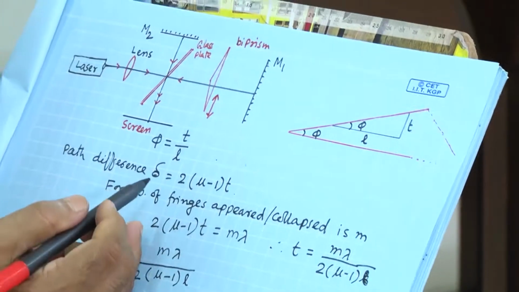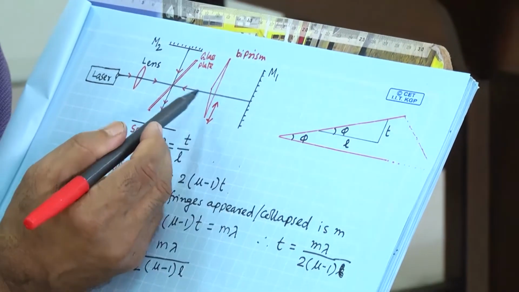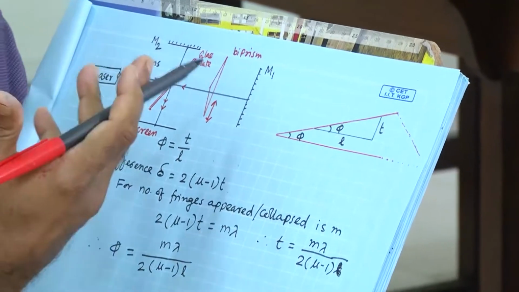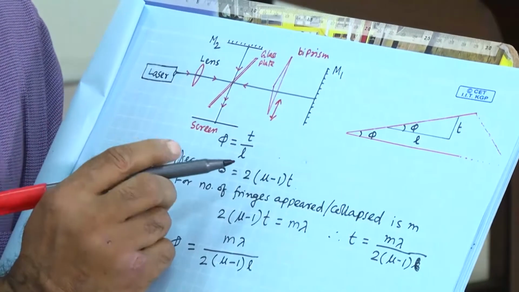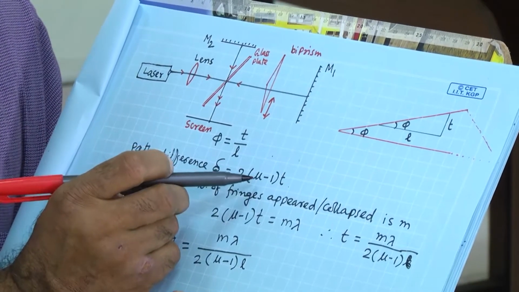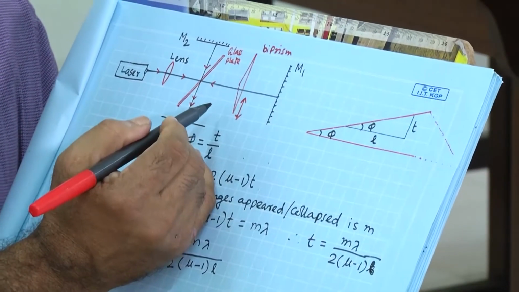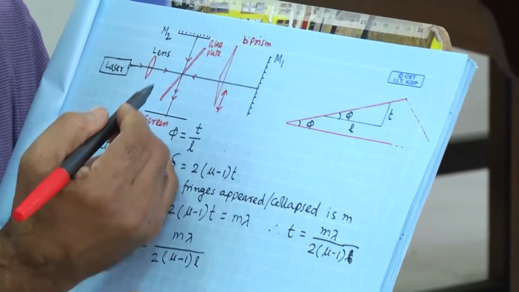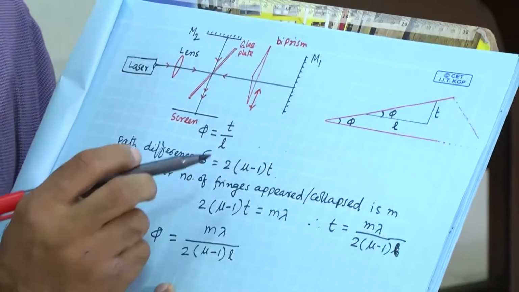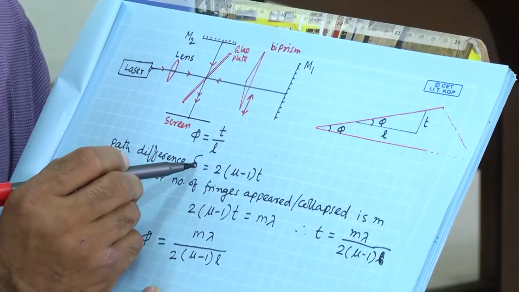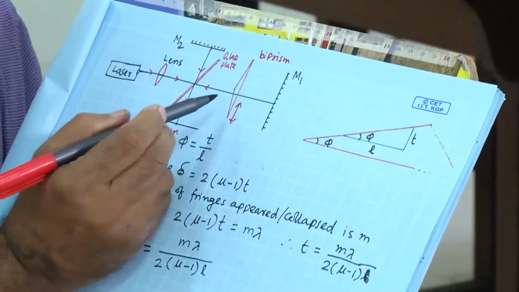You know that it will be twice, because if the path difference in one arm is d, because of the reflection twice, it becomes 2d. Here also, in the same way, this path difference will be 2 times mu minus 1 into t. Okay. So t is this one.